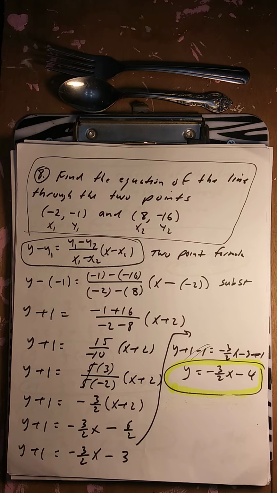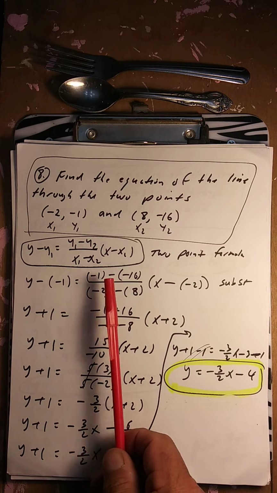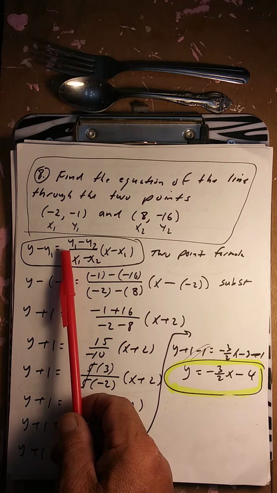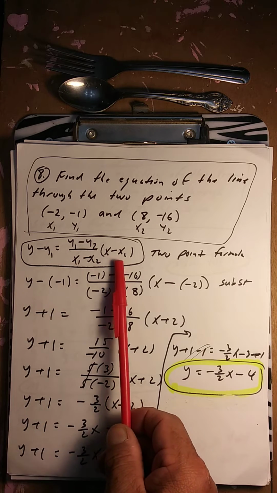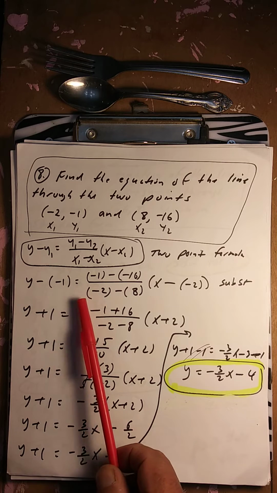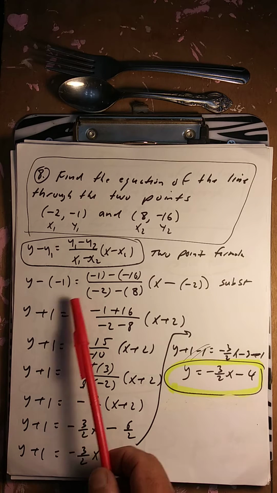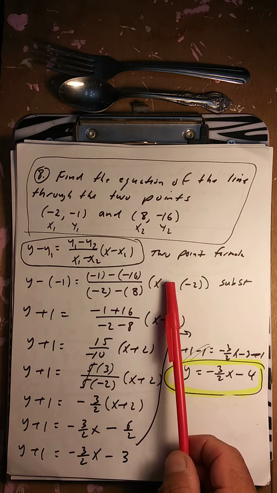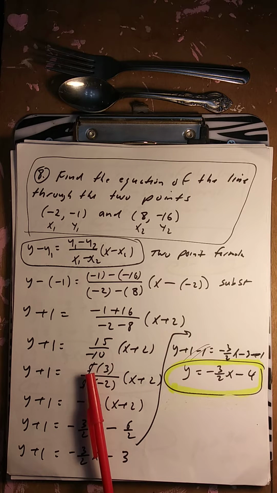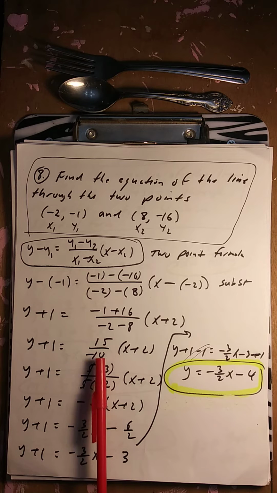Find the equation of the line through the 2 points. So we have x1, y1, x2, y2. This is the formula I'm going to use: y minus y1 equals (y2 minus y1) over (x2 minus x1) times (x minus x1). Put the 2-point formula in there. Put the numbers in there. So now we have negative of negatives, positive. Negative, negatives, positive. Negative, negatives, positive. So now this is 15 over negative 10. 5 times that gives me that.